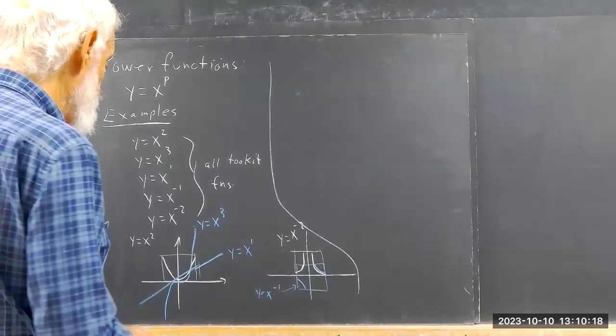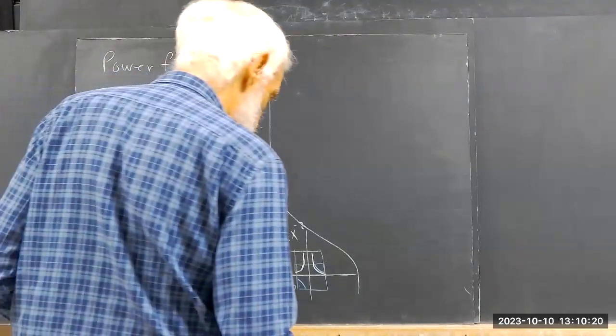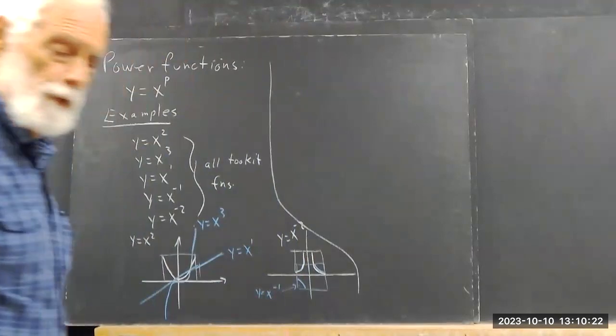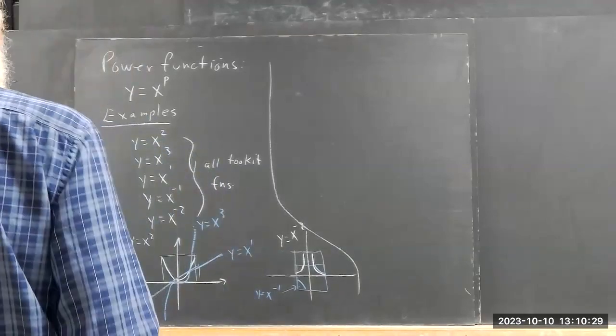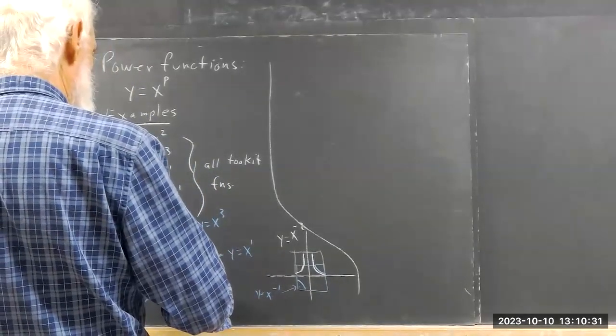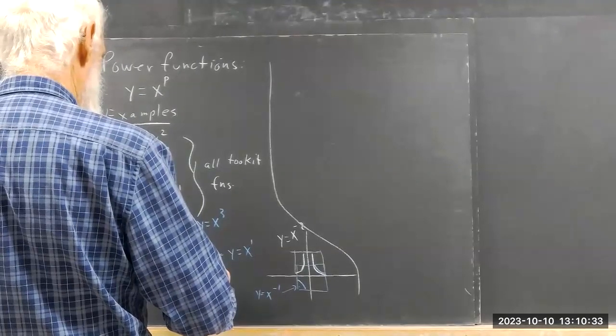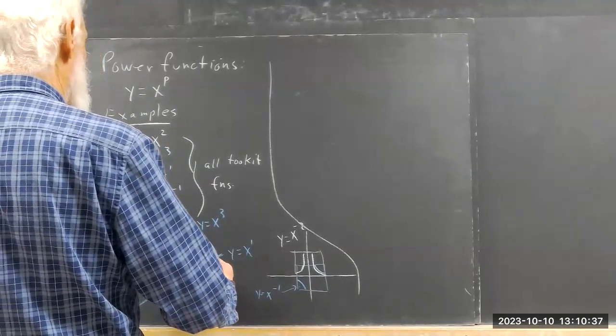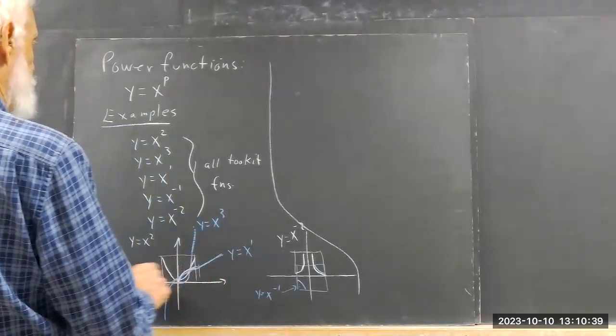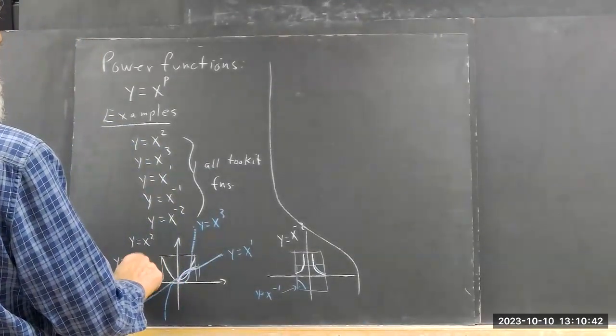And the square root function is going to require a different color. It looks something like this. I didn't quite draw that right.